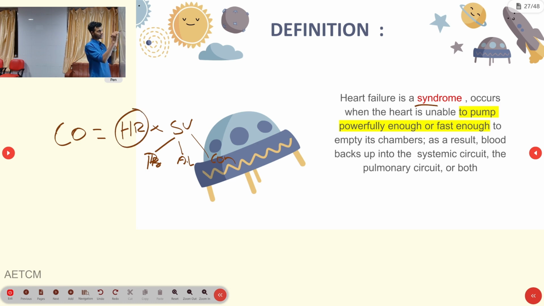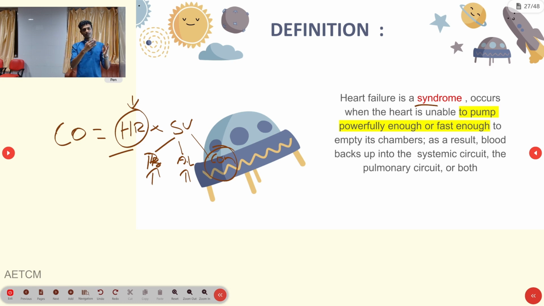If there is any problem in the heart rate, like bradycardia or asystole, that will affect the cardiac output. If there is any problem in the stroke volume, meaning increased preload or increased afterload, or any problem in the contractility, that will directly affect the cardiac output.